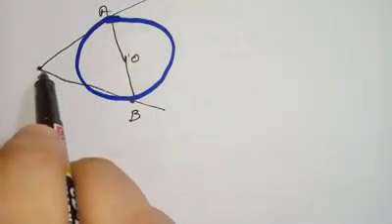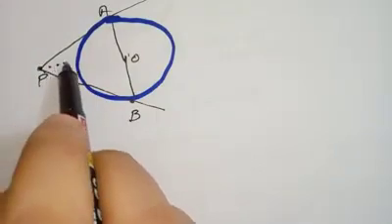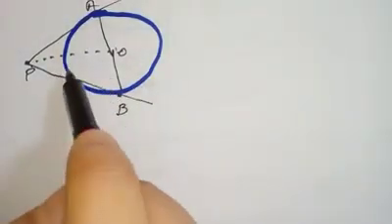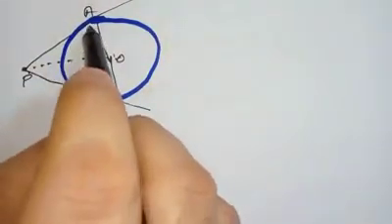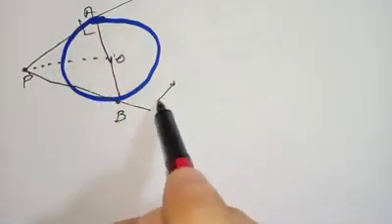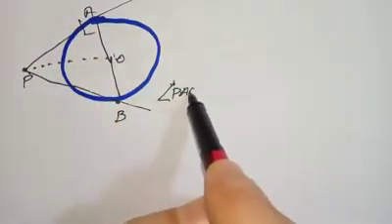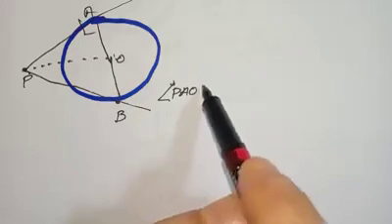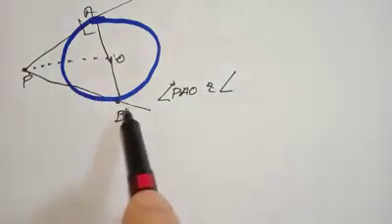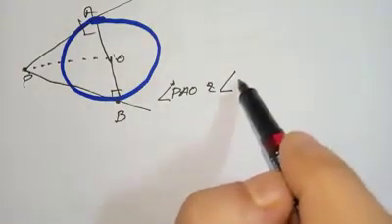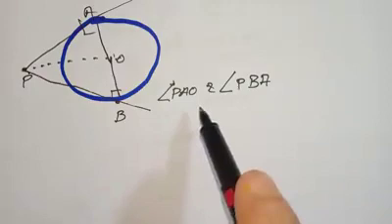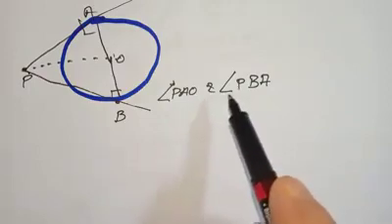This point is P. So if I drop another perpendicular from here, what I get is angle PAO, this angle, and angle PBO. Angle PAO and angle PBO are right angles, right?